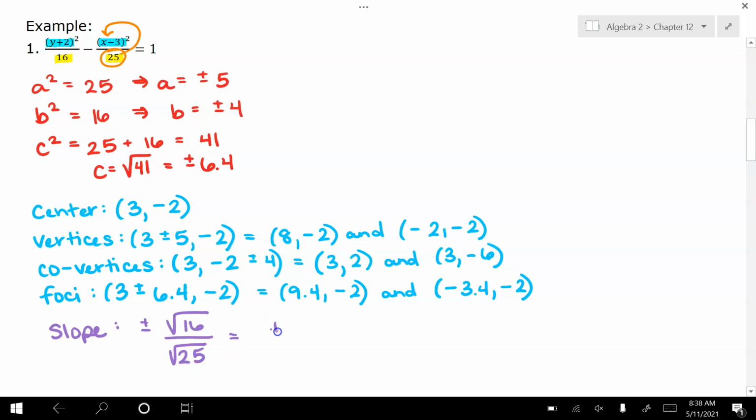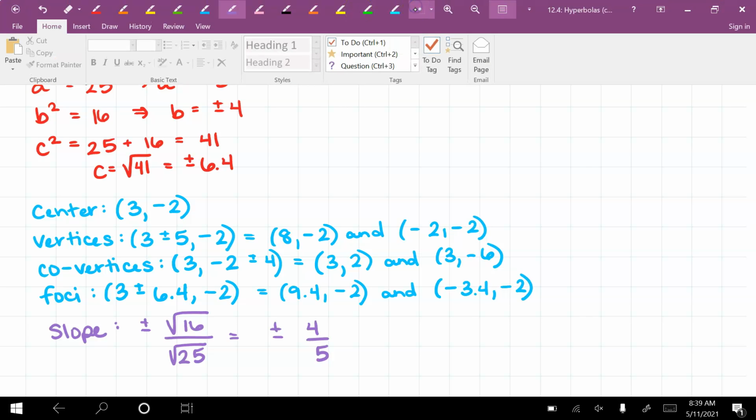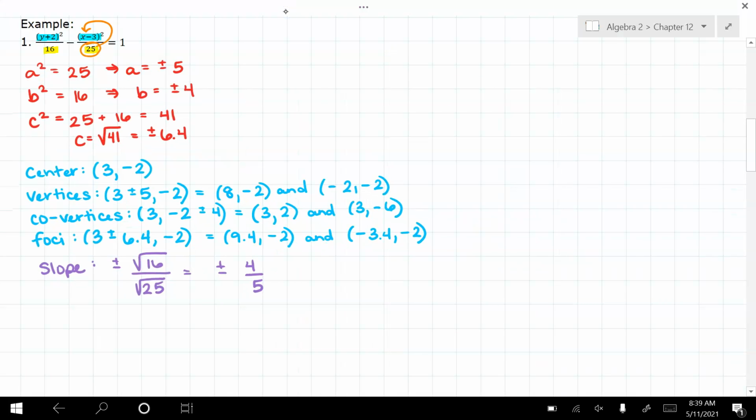So this comes out to be plus or minus 4/5. So those are your asymptotes. Now, like I said yesterday, you could use that to graph those dotted lines if you want to. But if you liked that rectangle box method that I showed you, you can still use that for these problems too.